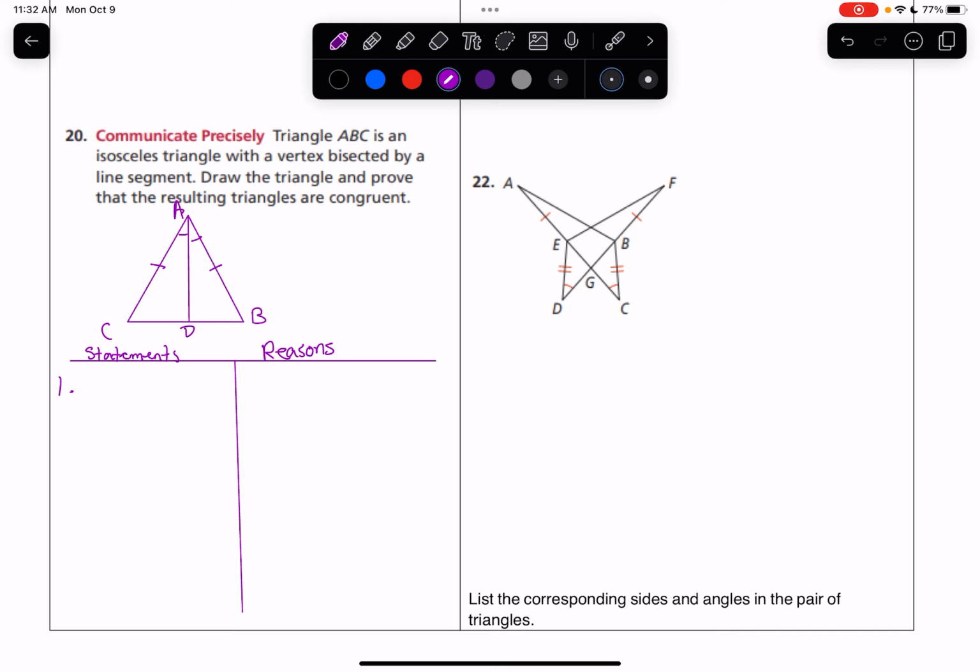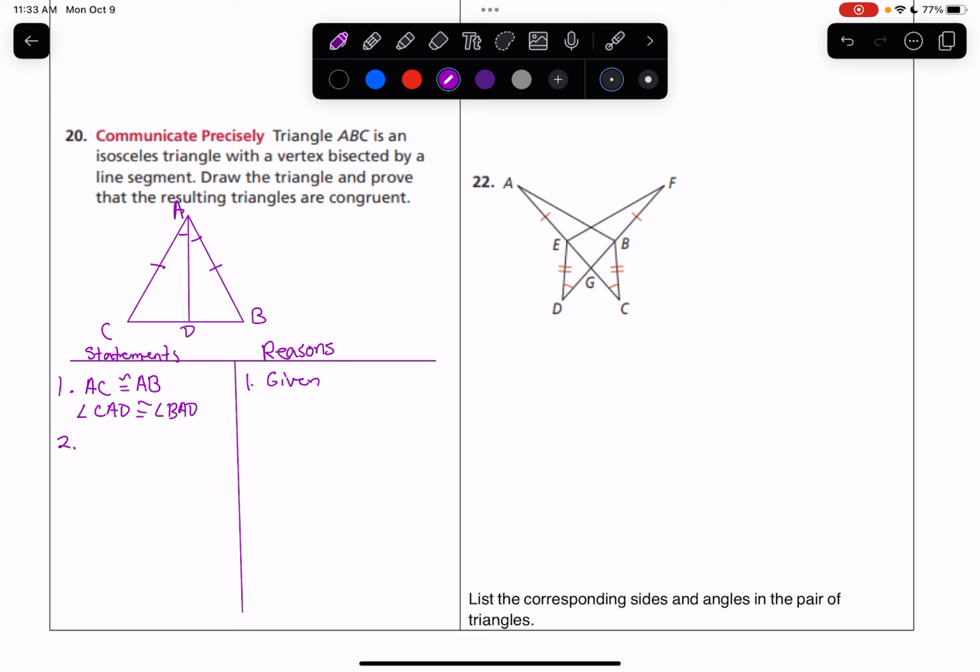I know that the triangle is isosceles, so I know AC is congruent to AB, that's given. And I know that the vertex is bisected by a line segment, so I know that angle CAD is congruent to angle BAD. That's given. So both of those are given.